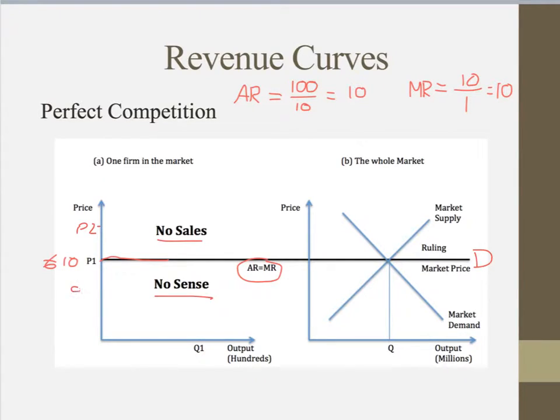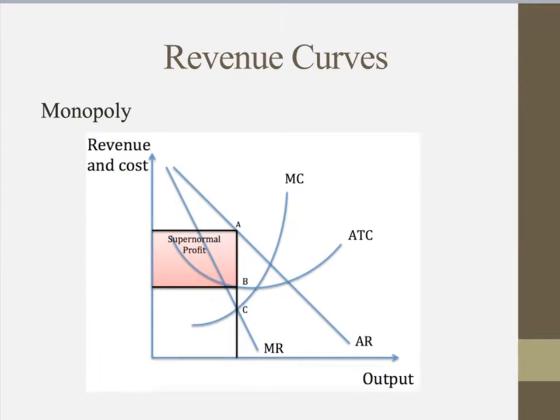The reason it says no cents is because you can clear your production line at P1, so if you sold at P3 you wouldn't get as much revenue as you would at P1, and you'd still clear your production line at either price, so it wouldn't make any sense. But the key thing to note is that your average revenue and your marginal revenue are equal to the same thing.